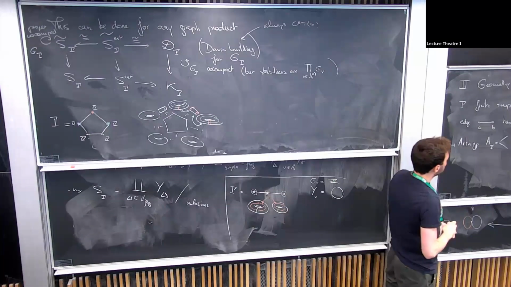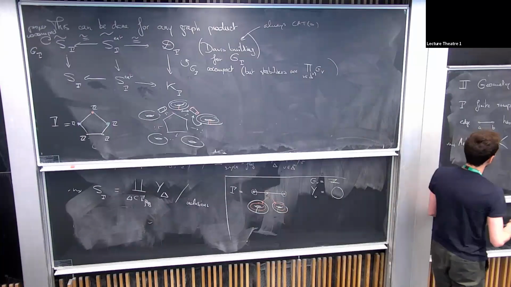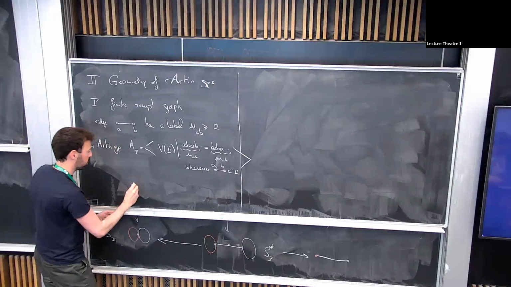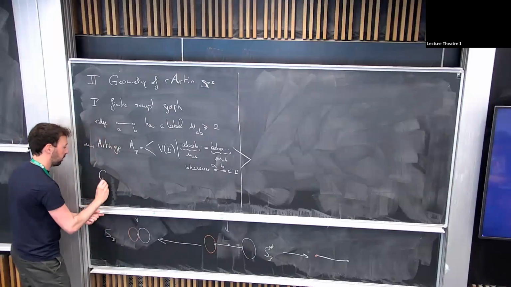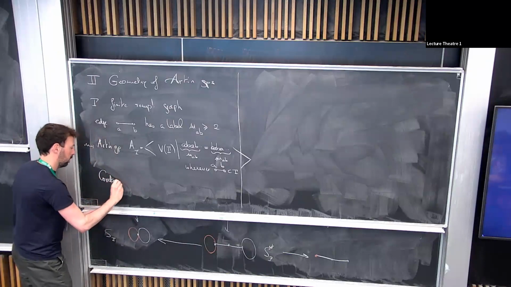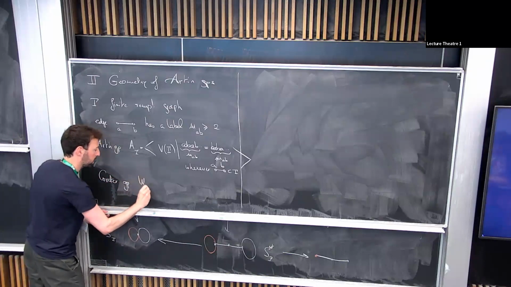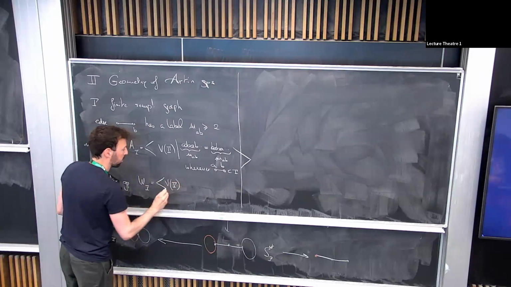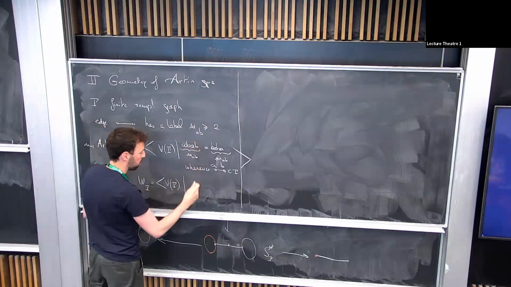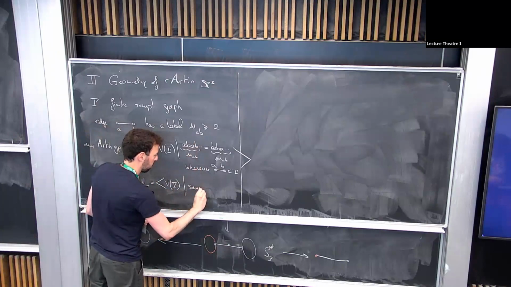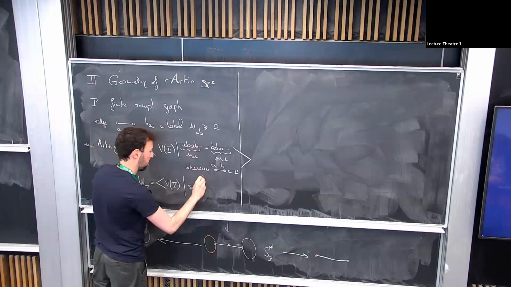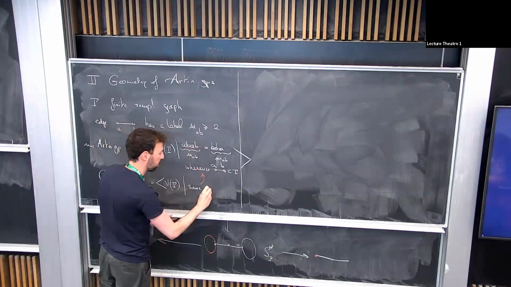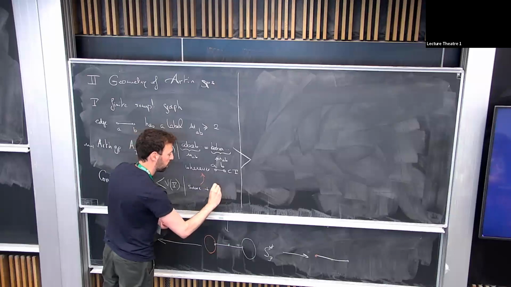Okay, and there's another group that you can associate to this, which is the corresponding Coxeter group, W_gamma, which is given by the same set of generators, the same as above, plus you require that all the generators have order 2.